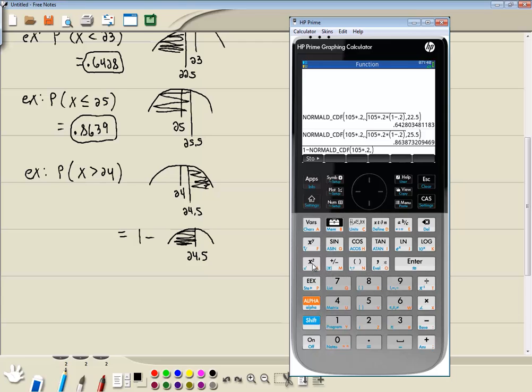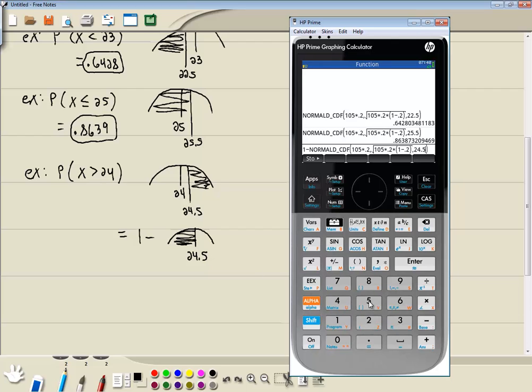So we do shift x squared. N, which is 105, times p, which is 0.2, times, and I'll put it inside of parentheses, 1 minus p. So 1 minus 0.2. Right arrow to get it out of the parentheses, right arrow to get it out of the square root, and then I'll do a comma, and then the corrected x value, which is 24.5.